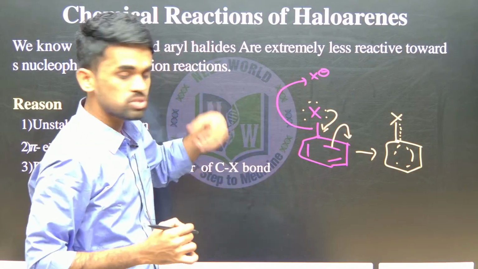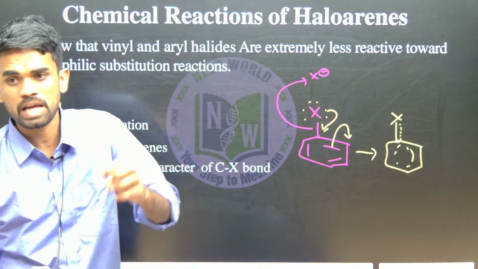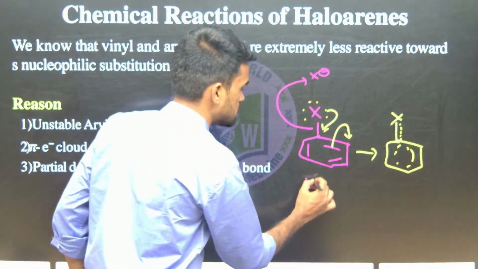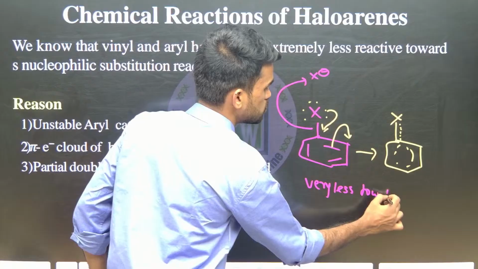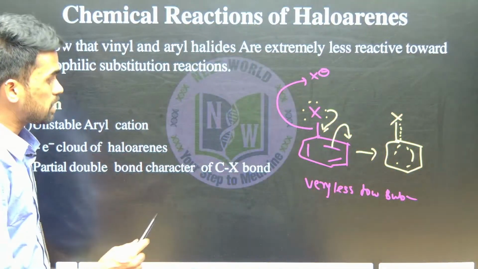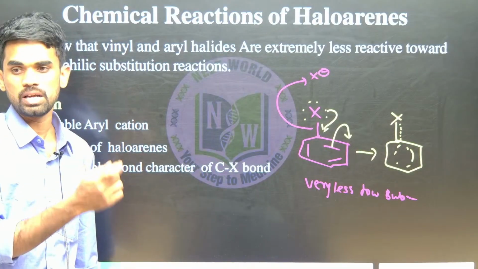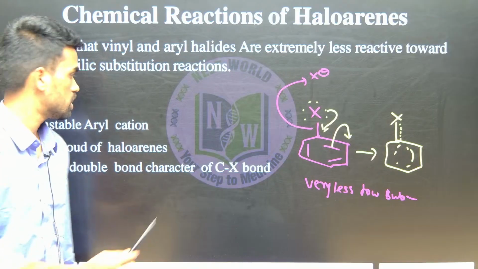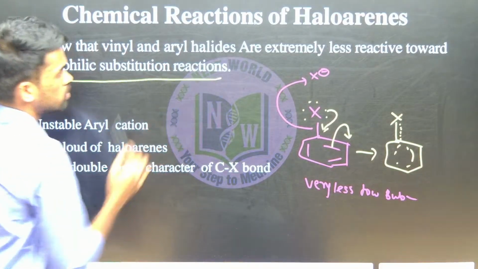So it won't come out easily. Therefore, aryl halides are very less reactive towards nucleophilic substitution reaction. But they will show substitution reactions under vigorous conditions, like high temperature and pressure.